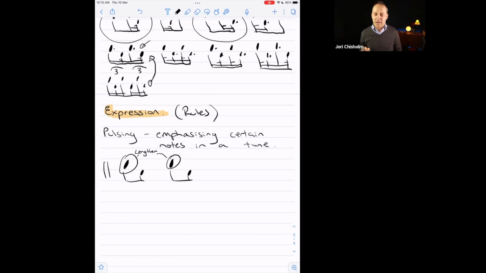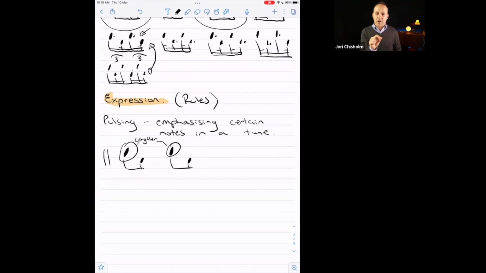Here's the key concept. What you've written there are 2 eighth notes in each beat. And according to the way you've notated it, they should be dead even. You have a single beat that's split into 2 notes, eighth note, eighth note. There's no dot, there's no cut. But what pulsing does is we actually lengthen that first note slightly.